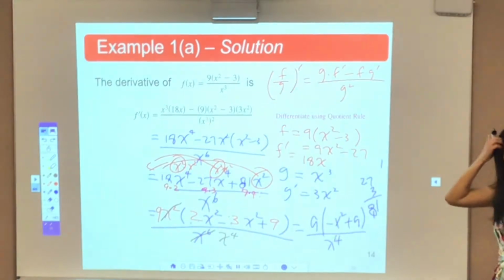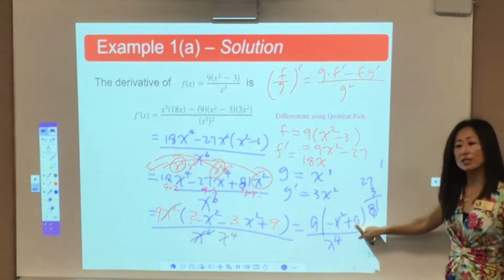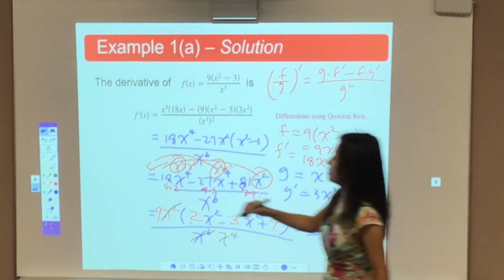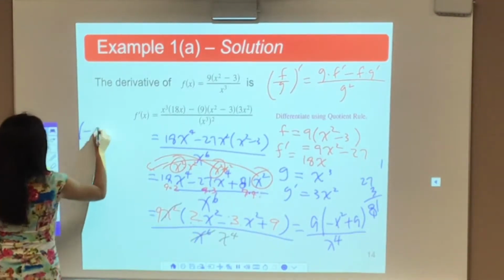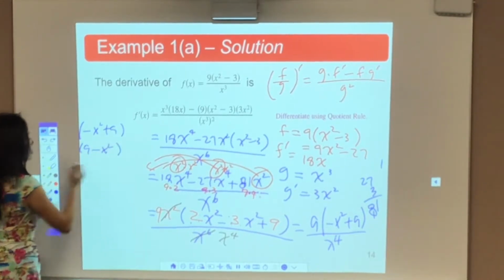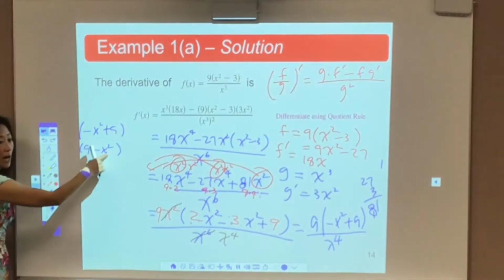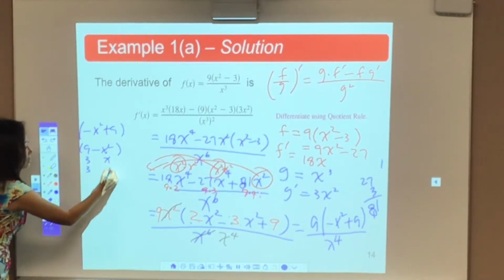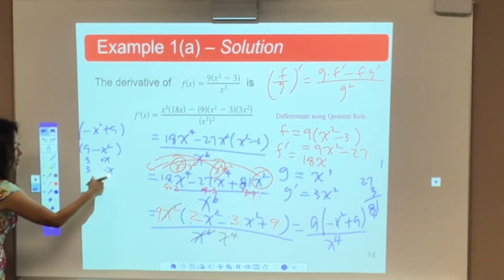Well, guess what? I can factor out even more if I want to. Class, look at this. Negative x squared plus 9. Can I rewrite it as 9 minus x squared? Yes. Then this is a difference of squares. 3 times 3, x times x, positive x, negative x.